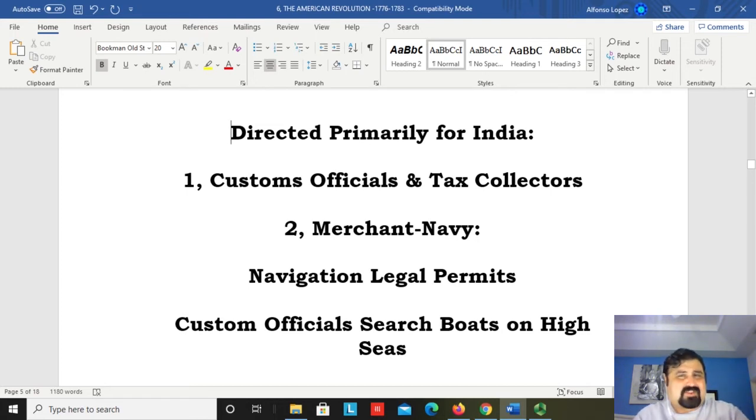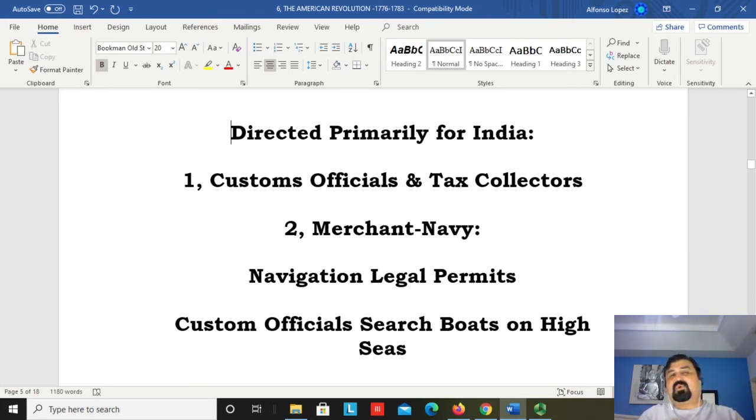Okay, the Navigation Act of 1696, this is pretty much all focused on India. What the Navigation Act of 1696 is going to do is build a series of custom houses across all the Indian ports. The major international ports of India are now going to be controlled by the British, and they're going to station there customs officials and tax collectors, who are very well trained to do that.